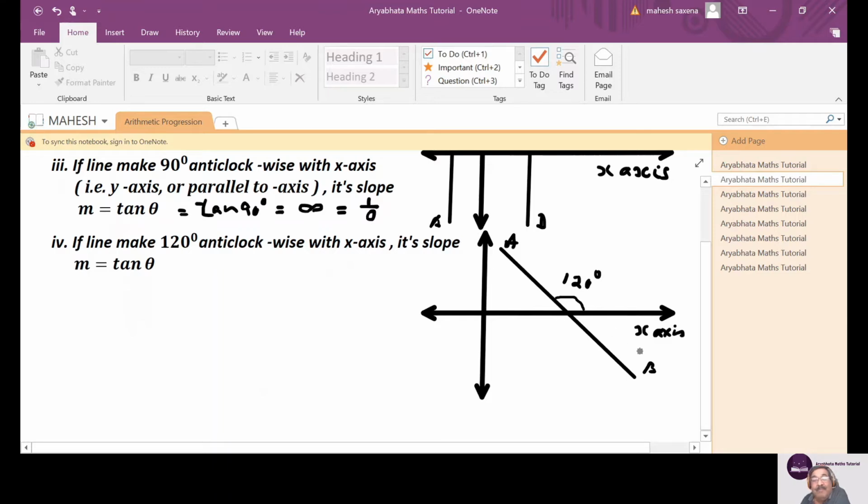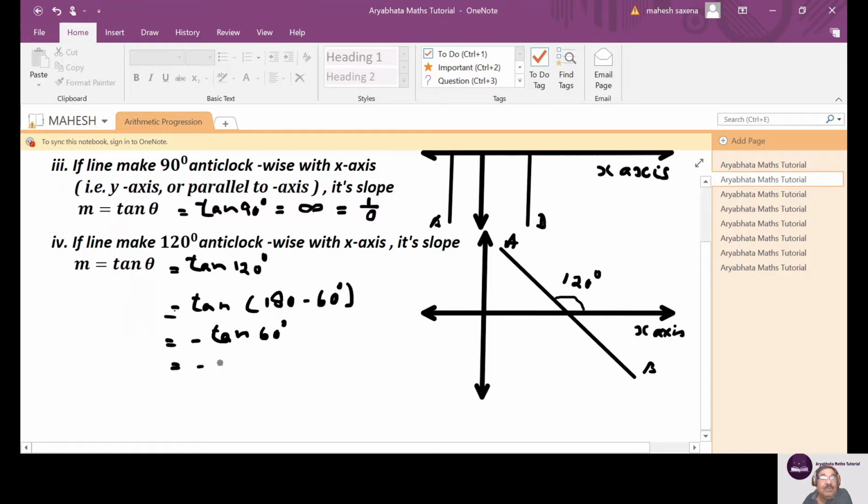Therefore, the slope of the line AB is m equal to tan theta, that is tan 120 degrees, and it is equal to tan of 180 minus 60 degrees, that is equal to minus tan 60 degrees, that is minus root 3. The slope of all lines which make more than 90 degrees with the x-axis is always negative.